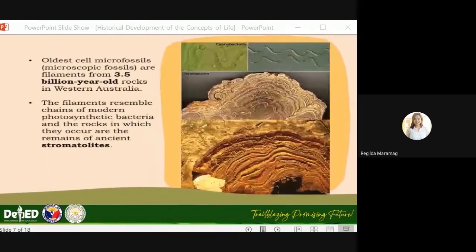At present, the oldest cell microfossils, or the microscopic fossils, are filaments from 3.5 billion year old rocks in Western Australia. The filaments resemble chains of modern photosynthetic bacteria, and the rocks in which they occur are the remains of ancient stromatolites.